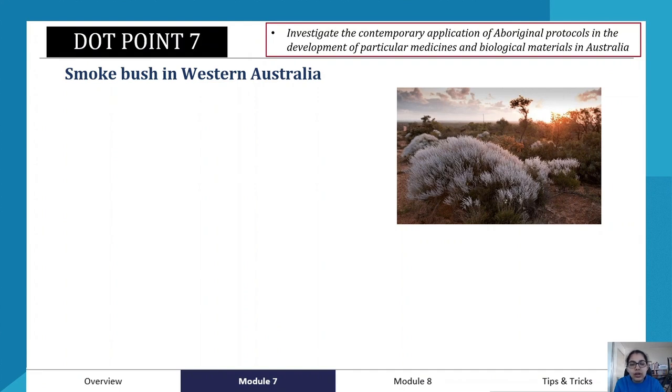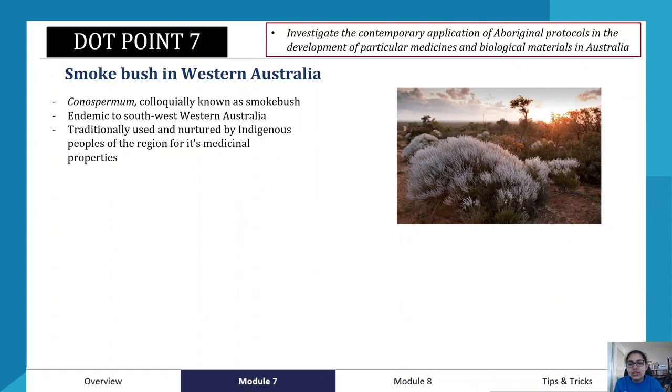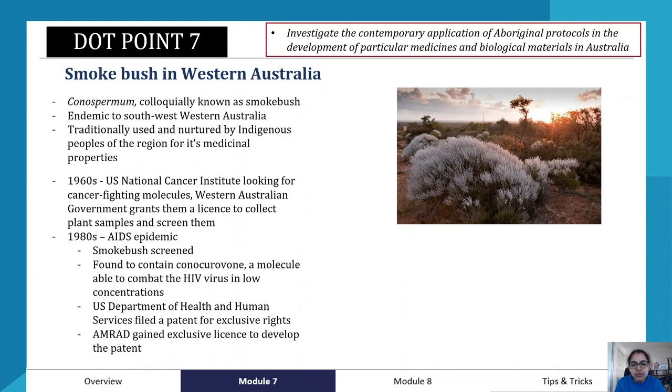So, the last stop point of the module is asking us to look at the contemporary application of Aboriginal protocols in the development of particular medicines and biological materials. Smoke bush, which is endemic to southwest Western Australia, is a medicine traditionally used by the indigenous peoples of the region.